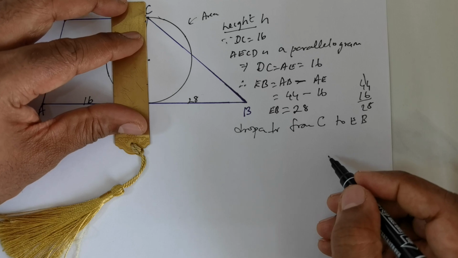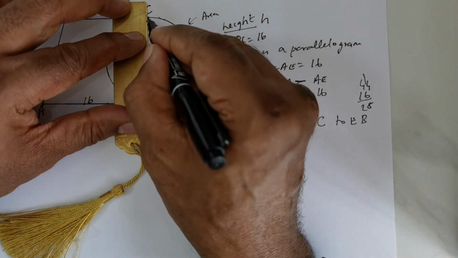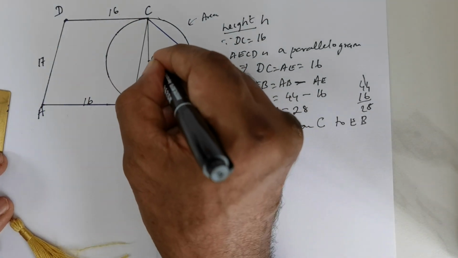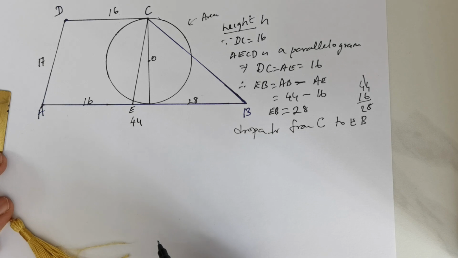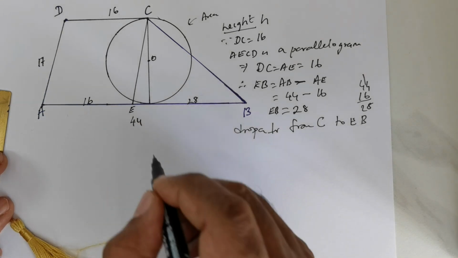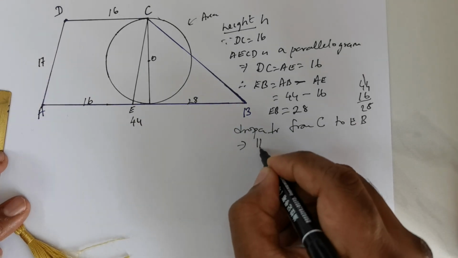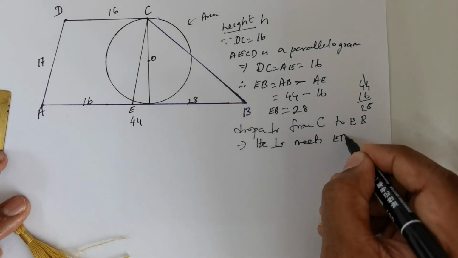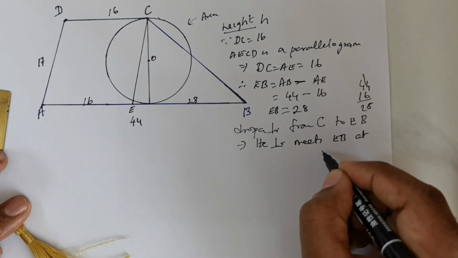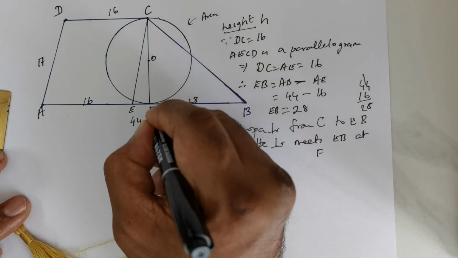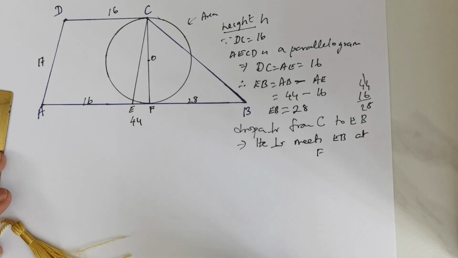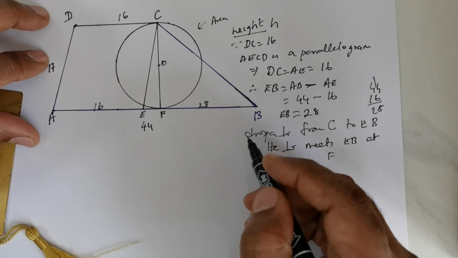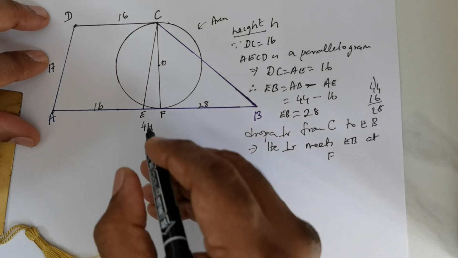Now drop a perpendicular from C to EB. Okay, so I have to drop a perpendicular. This is the center, I'm taking it as O, and that is going to give me the height. So such that the perpendicular meets EB at F. So this point is going to be F. Now I know only EB, right? That's 28.